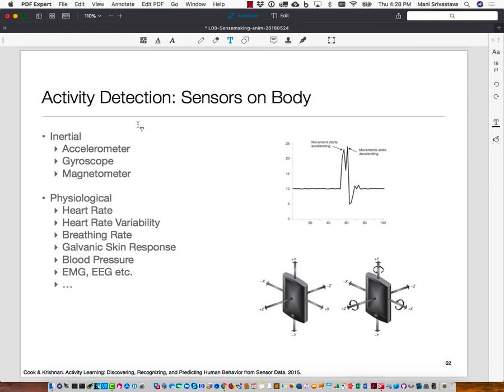Just to give you an example of the kind of things that we do, there's an ongoing project in my group. We're using a wrist-worn device. What we are trying to infer is computer usage, in particular typing behavior. This is a study about workforce performance.